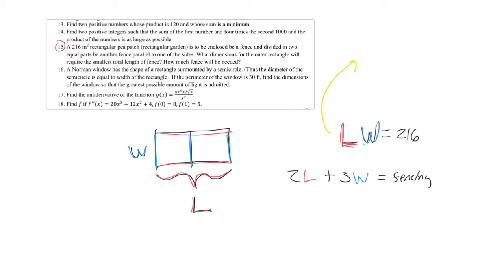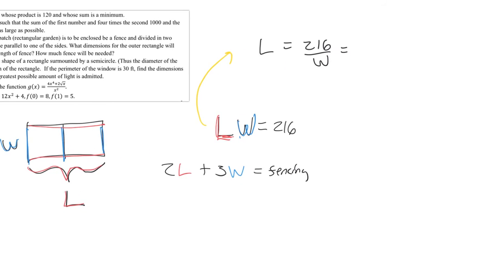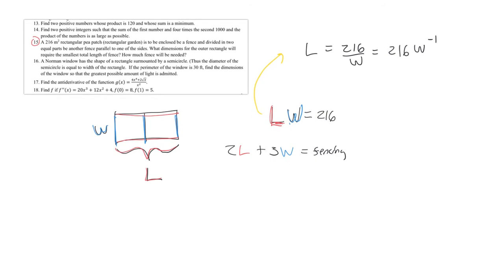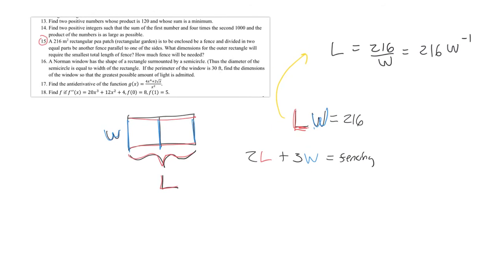So if we were to solve for L, it would be 216 divided by W, aka 216 times W to the negative 1, which means that anytime we see an L elsewhere, we could replace it with that. And that is precisely what we're going to do here.